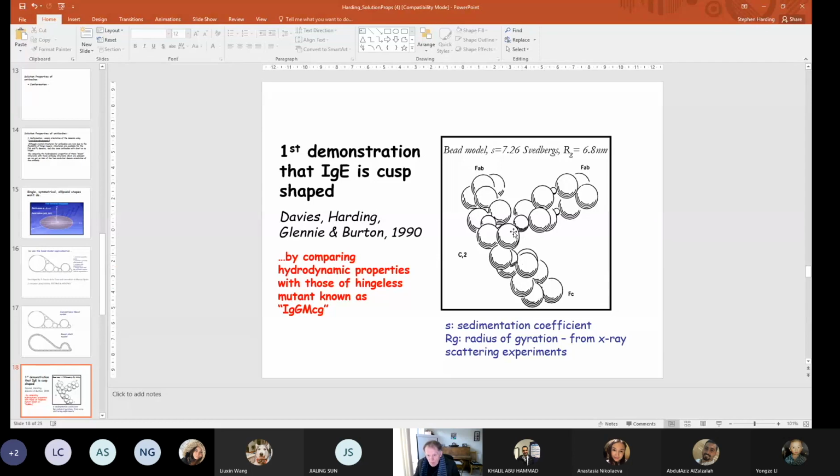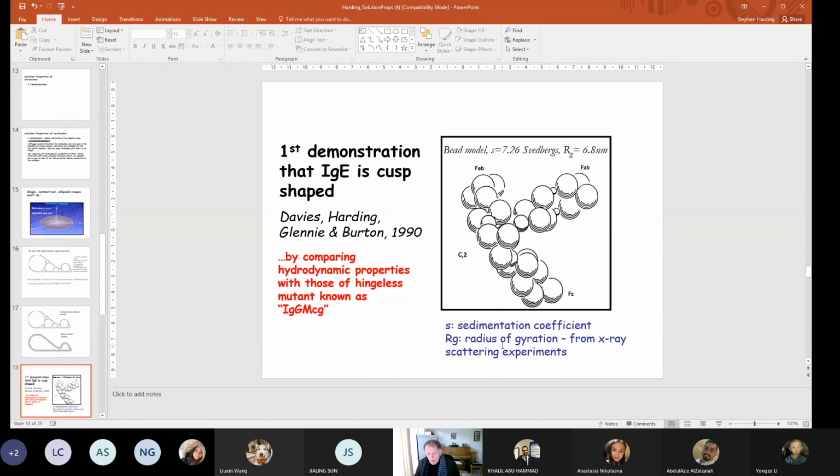you obtain the sedimentation coefficient and this other parameter, which you can get from X-ray scattering on solutions of the antibody molecule. This is called the radius of gyration. So you create your model, you find out what the sedimentation coefficient and other parameters are based on that model.